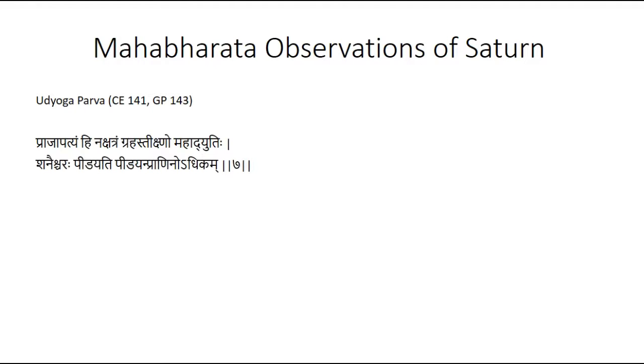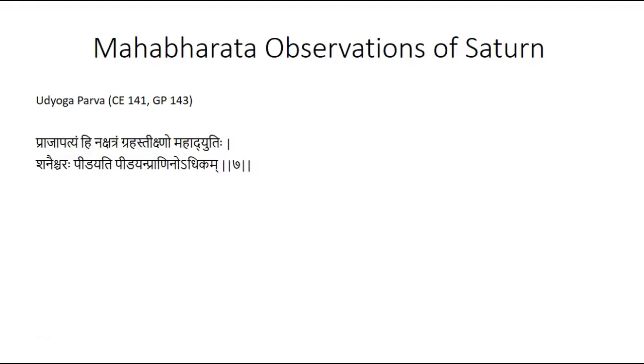Prajapatyam hi nakshatram grahastikshno mahadyuti shanaishchara pidayati pidayan pranikodikam. The nakshatra can be described by its name, such as Ashwini, Bharani, Kritika, Rohini, Mrugashirsha, Ardra, etc. The nakshatra can also be described by its nakshatra devata.